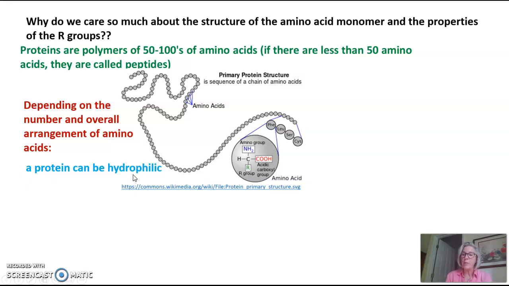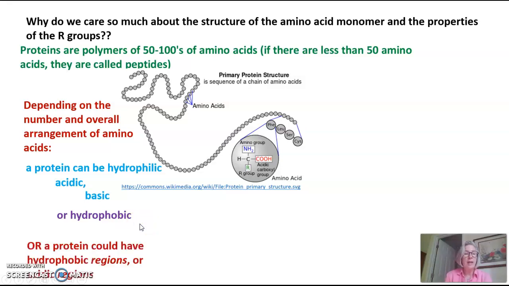If it's composed of amino acids that all have R groups with hydrophilic properties, then that means the entire protein will dissolve in water. The entire protein could be acidic if it has a lot of amino acids with acidic R groups, or it could be basic or hydrophobic, again, all depending on which amino acids make up this protein.